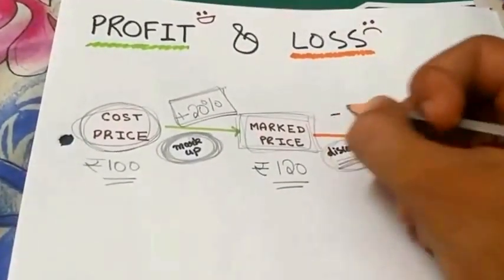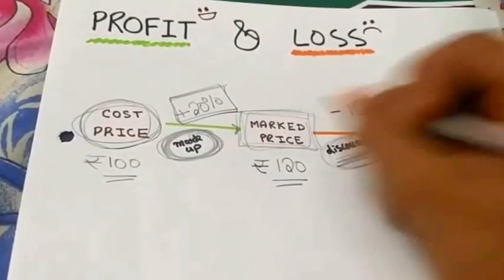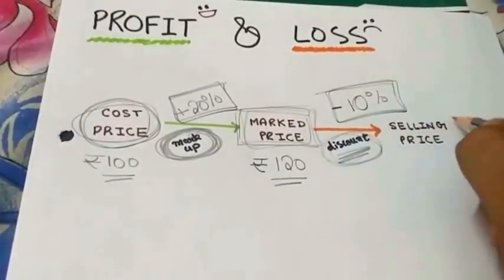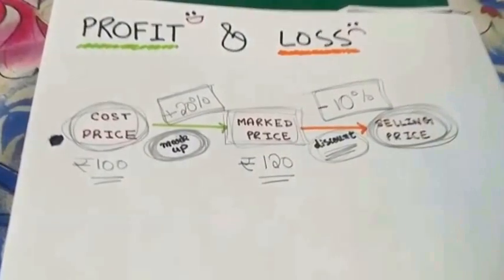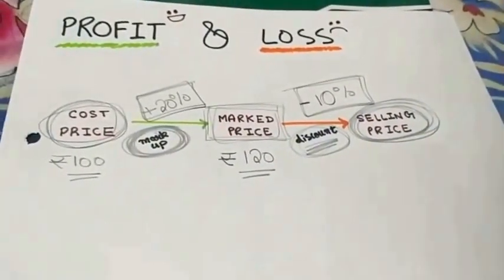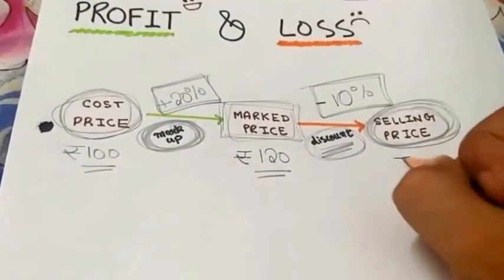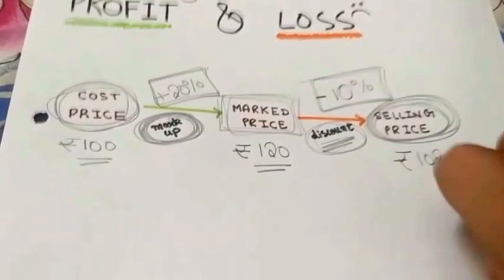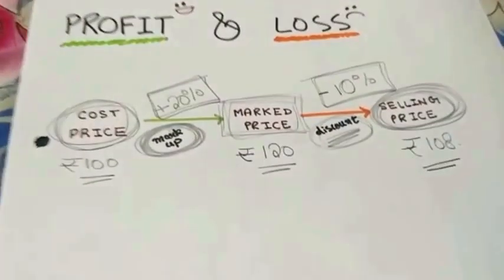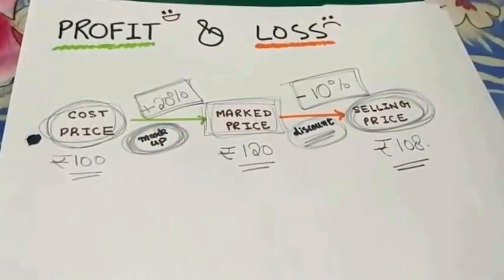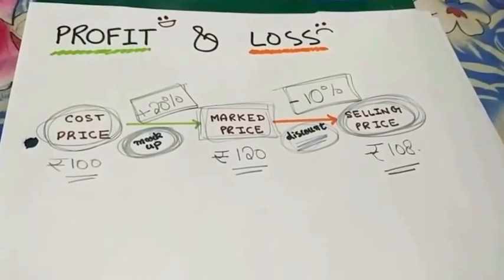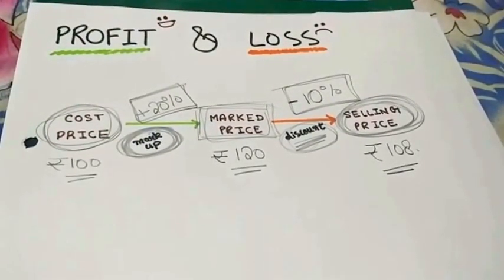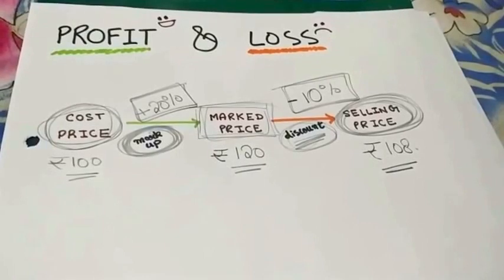Let's say he gives a discount of 10%, and then we reach the selling price. In this scenario, the selling price would be 108 rupees. So now we are clear about what the cost price is, what the mark price is, and what the selling price is. Now let's analyze it even more.